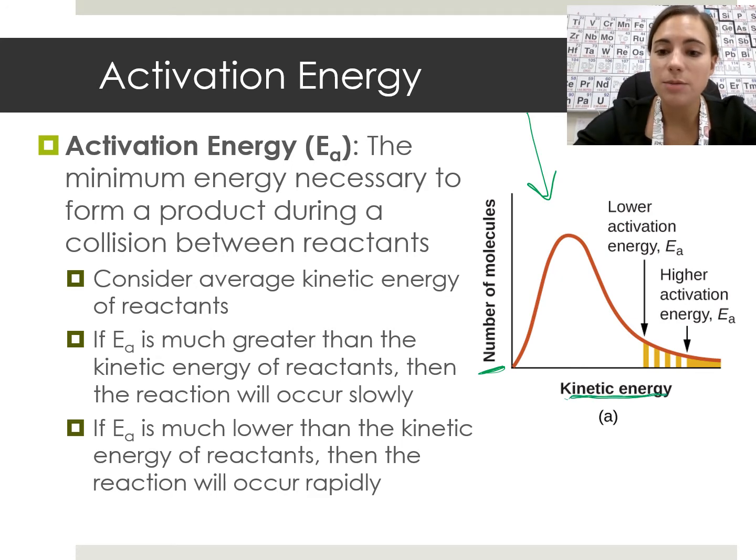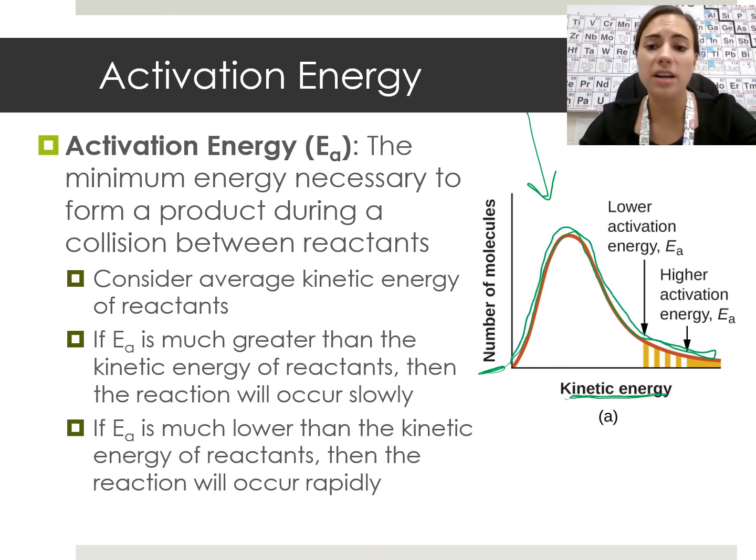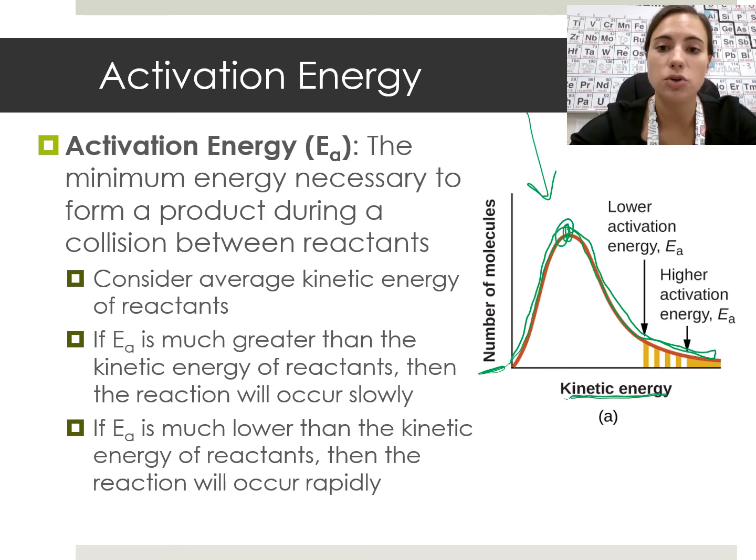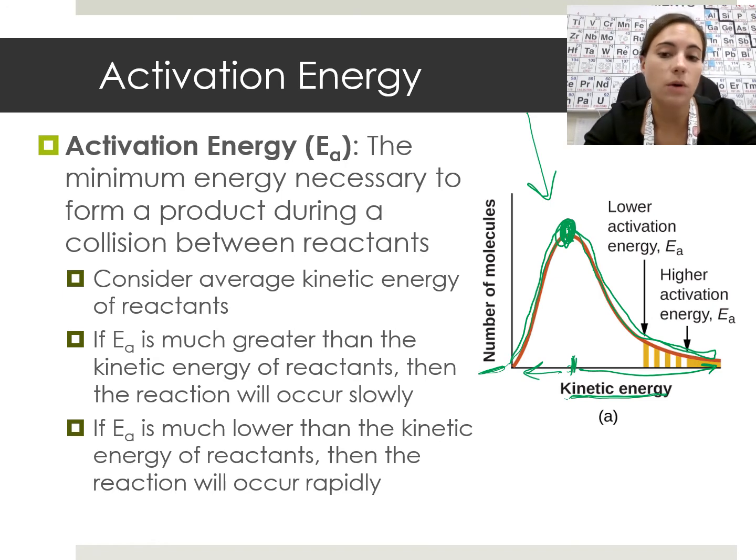At this particular temperature, we see that there is a gradient of kinetic energies. There's various kinetic energies. The majority of my molecules have this kinetic energy, but there are some that have less kinetic energy than that and some that have greater kinetic energy than that. So that's why we use average kinetic energy.